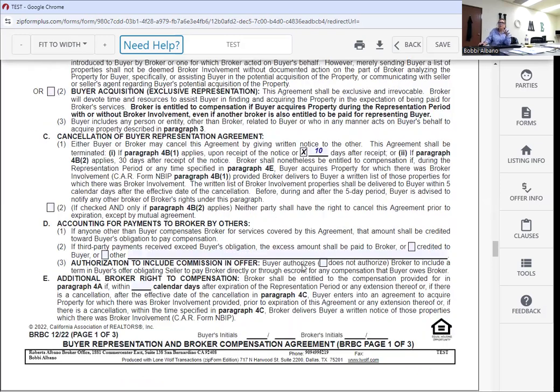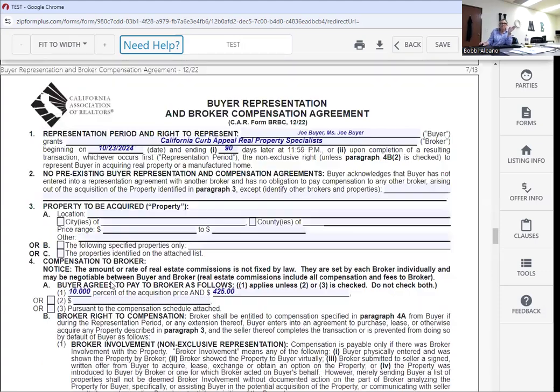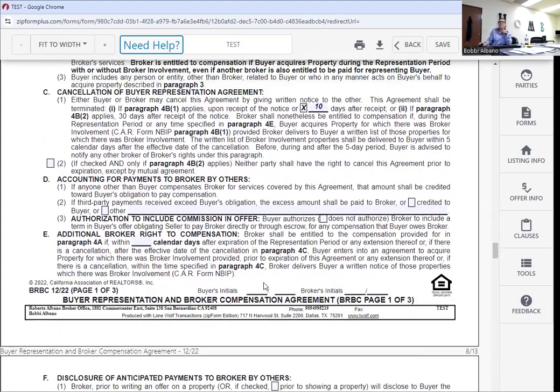Okay? Tricky. All right. So D, accounting for payments to broker by others. If anyone other than the buyer compensates the broker for services covered by this agreement, that amount shall be credited towards the buyer's obligation to pay compensation. This is great because what this is saying is that if this agreement is for, let's say, on land, 5%... Actually, we put 10% and $425.